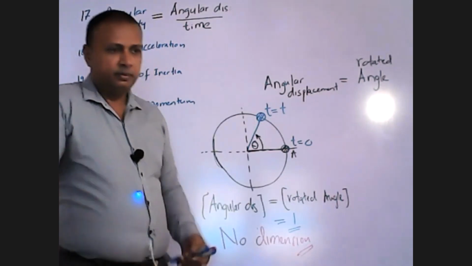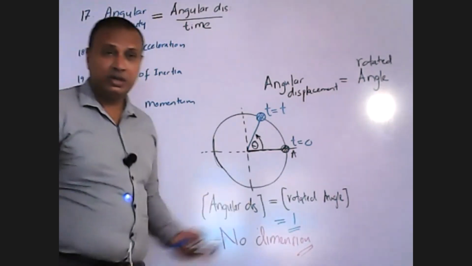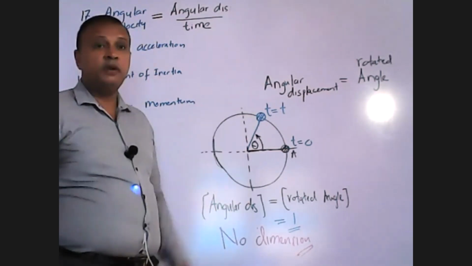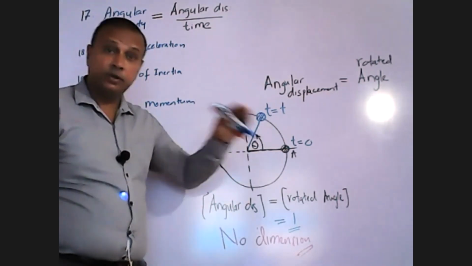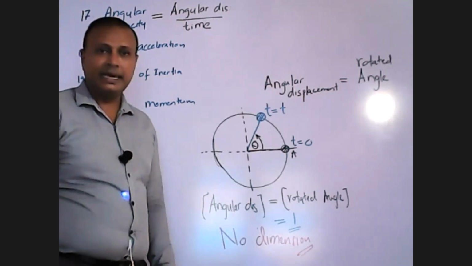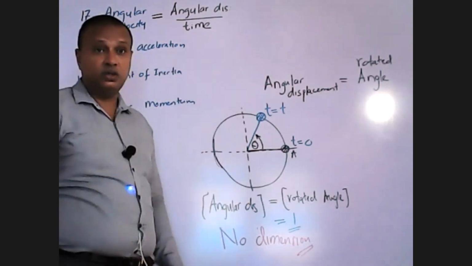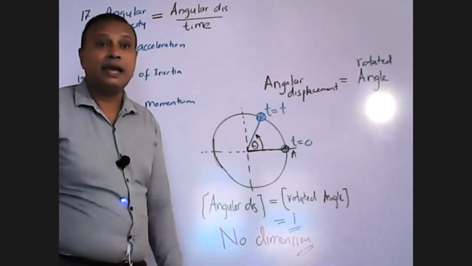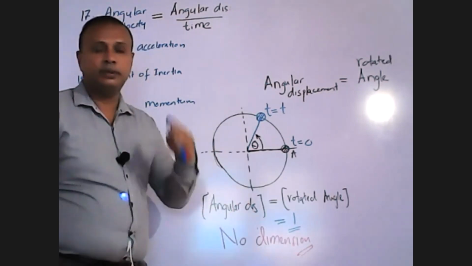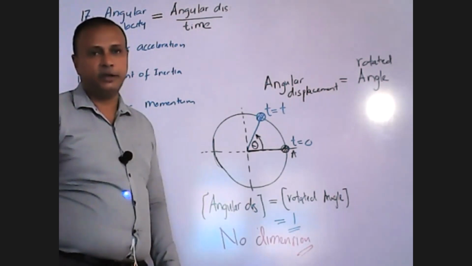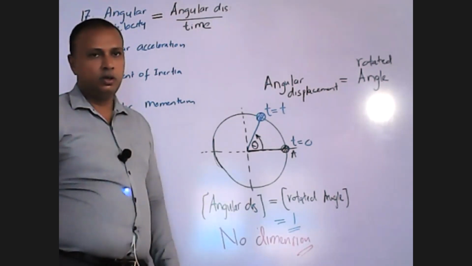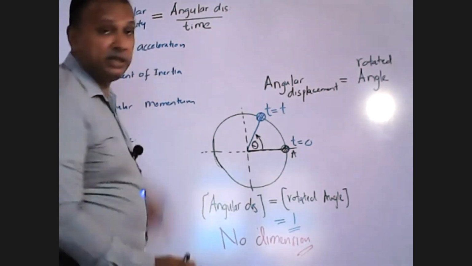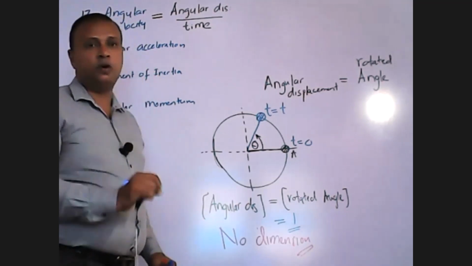We can define linear velocity as the ratio between linear displacement and time, like we can define angular velocity as a ratio between angular displacement and time. So angular velocity is equal to angular displacement over time.